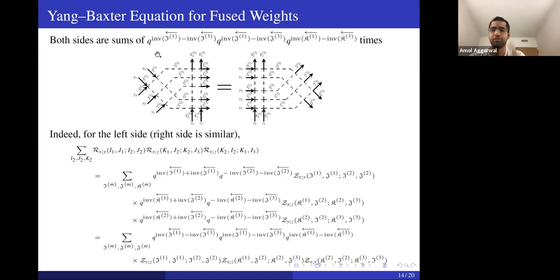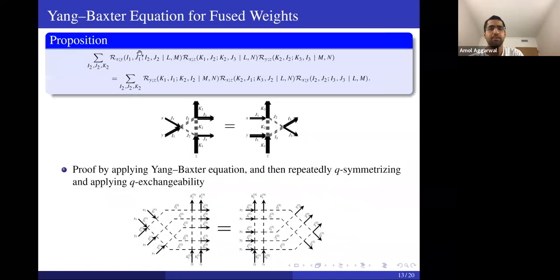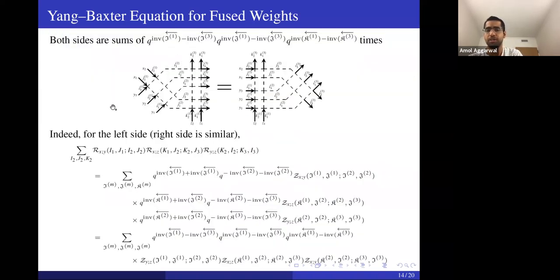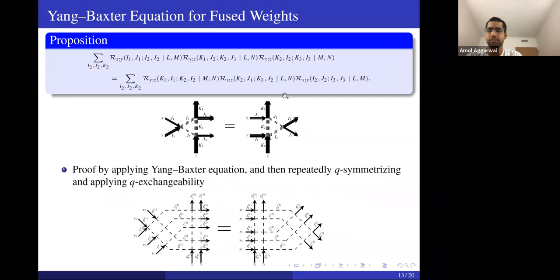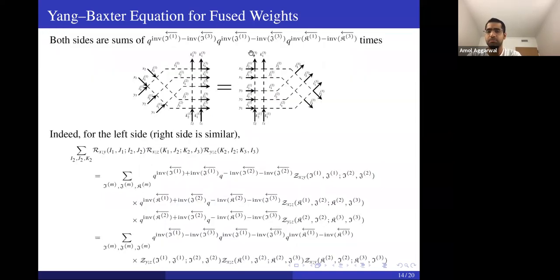So the left side of the fused Yang-Baxter is basically going to give me a sum involving some power of Q times the left side of the trivial Yang-Baxter, the bundled Yang-Baxter. And if I do the same thing on the other side, then the right side of the fused Yang-Baxter is going to be the same power of Q times the right side of the bundled Yang-Baxter, and then I again just sum over all possible boundary conditions. So this is a sketch of how you prove the Yang-Baxter equation for these fused weights.